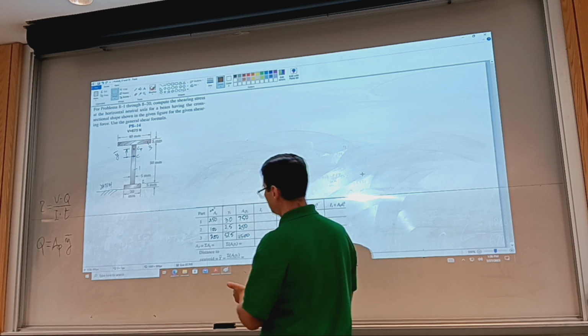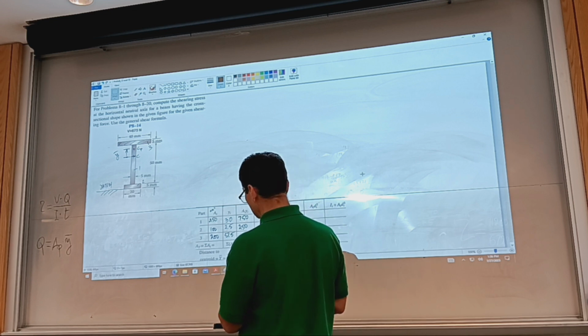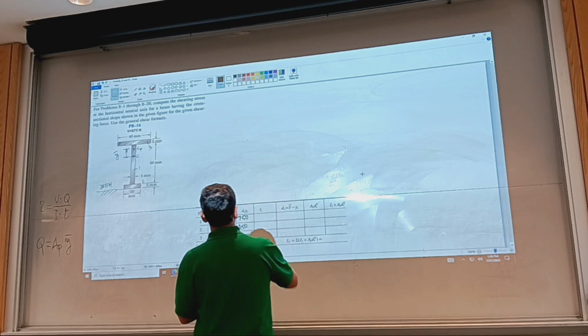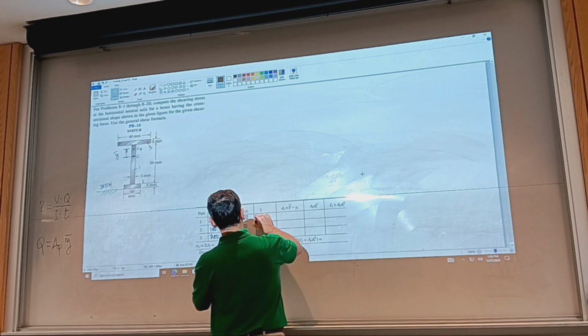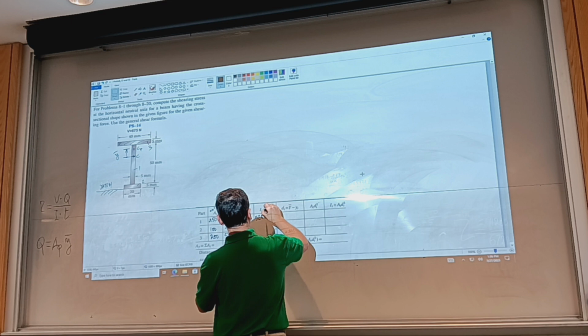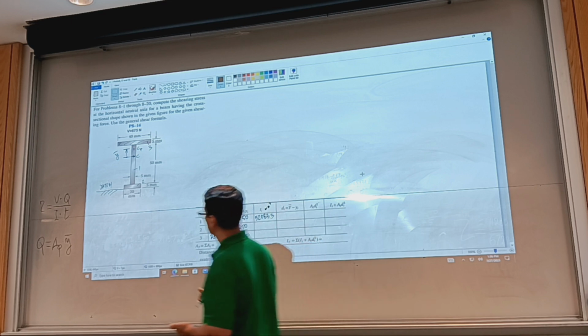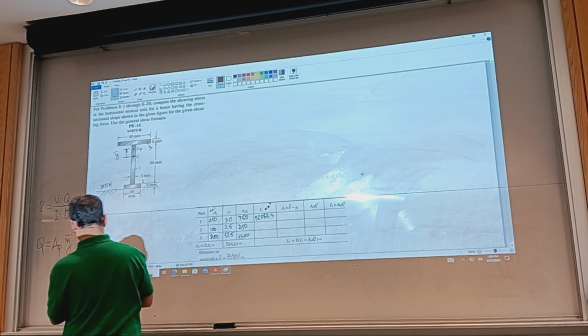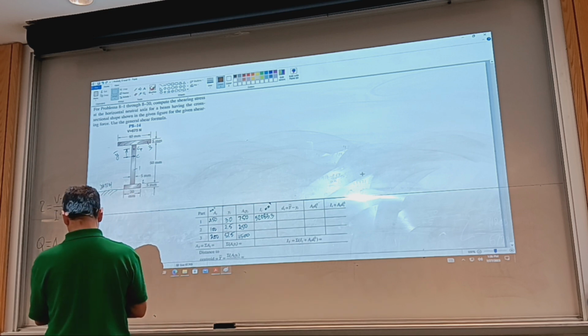So this is 5208.33, and these units are millimeters to the power 4. The other two rectangles: one is 20 times 5 to the power 3 over 12.